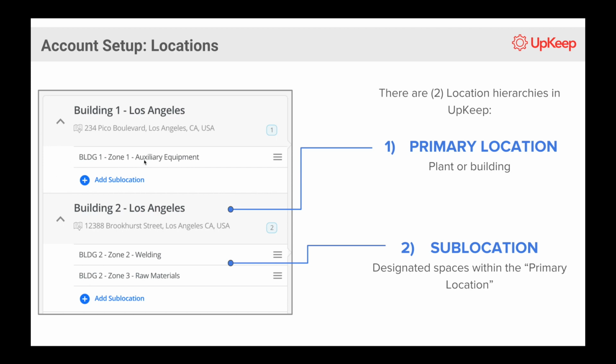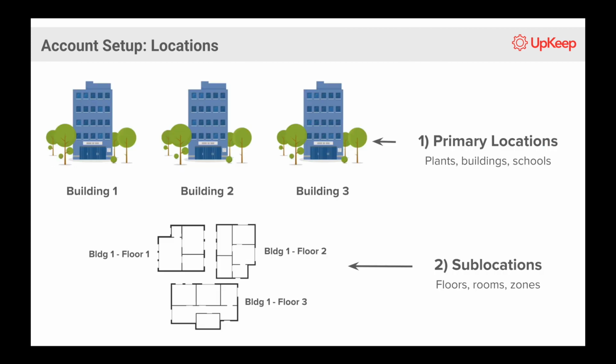So you can see here with this sublocation, I know that this is the area where my auxiliary equipment is located, but I also denoted the fact that it's in zone 1 and it is a part of building 1. Again, for your technicians, this is going to be really nice when they don't have to scroll through a list of all the auxiliary equipment sublocations, just trying to figure out which of these is actually in building 1 in Los Angeles.